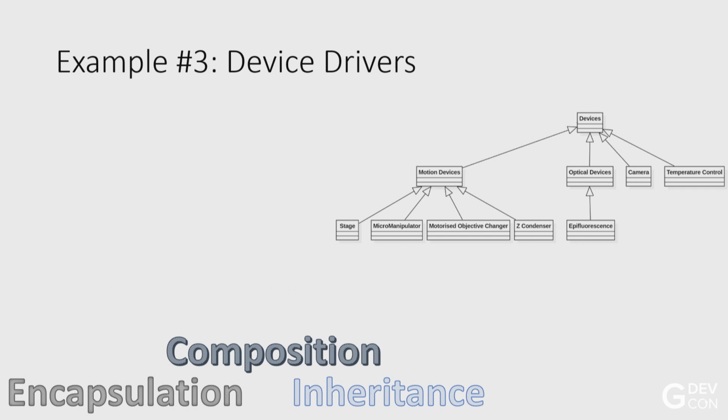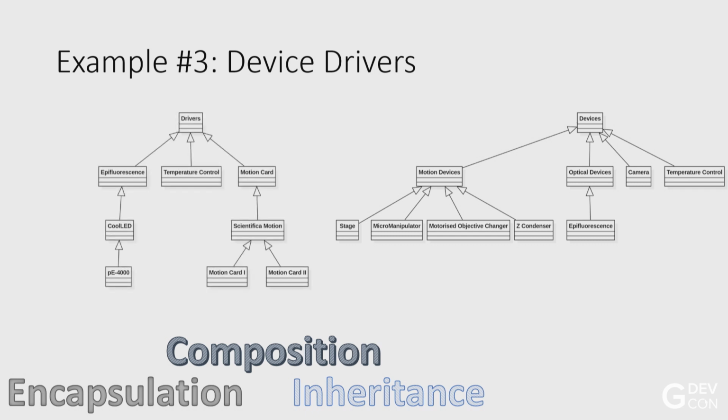Now, these devices, these are what I want the developers to be using at Scientifica. But behind the scenes, each of those devices needs a driver. And the driver used is going to change depending on which physical, perhaps PXI card or PCI card, you have connected to your PC.